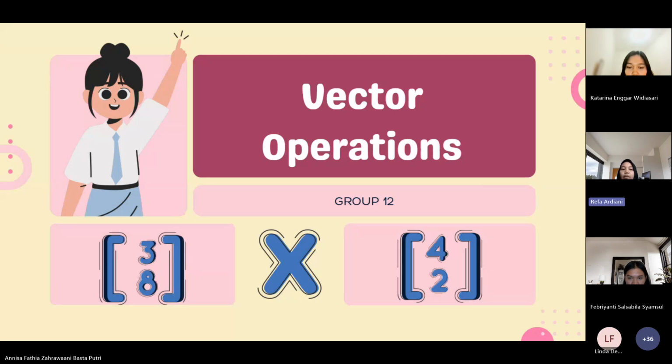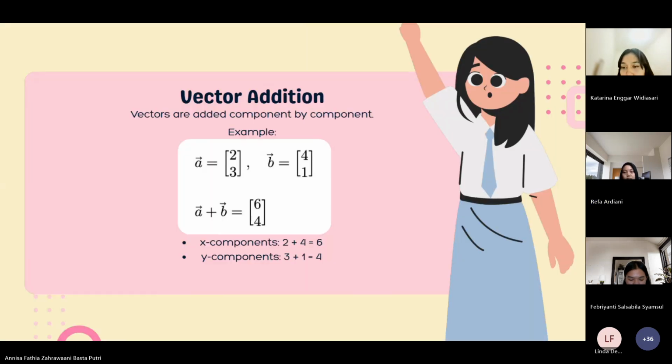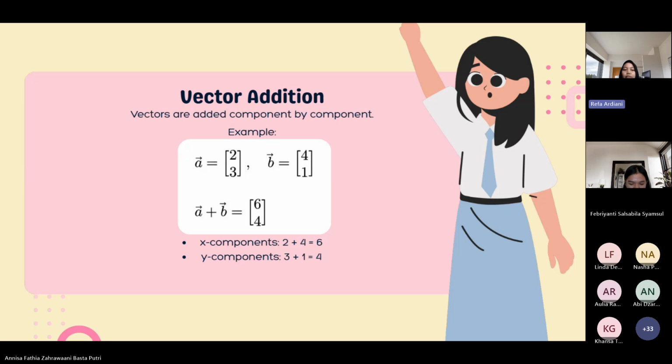Okay, I will explain about vector operation. The first one is vector addition. Vector addition means combining two vectors to produce a new vector.